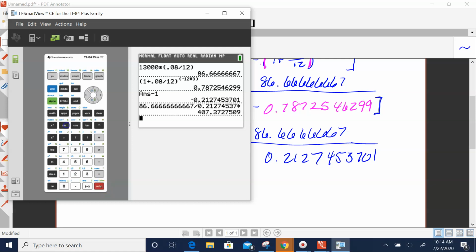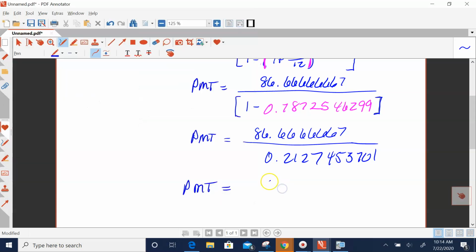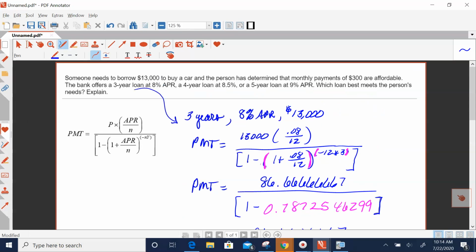All right, now I can round my answer. I end up with $407 and 0.372 cents, so I'd say 407.37. That would be my payment for this first scenario.